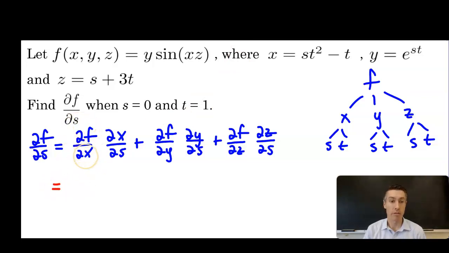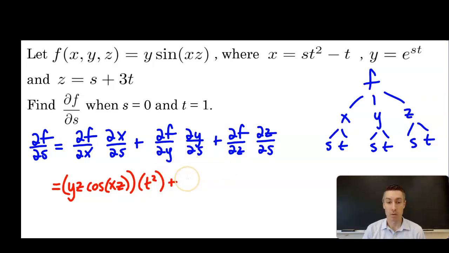So partial of the function with respect to x is going to give us yz cosine of xz. And then partial of x with respect to s is t squared. And then partial of the function with respect to y is just sine of xz.